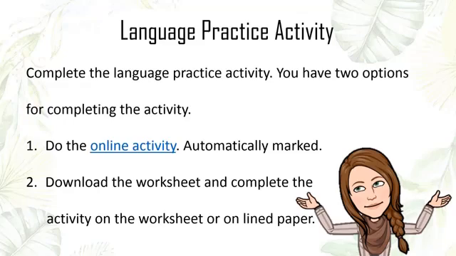Your second option for completing the activity is to download the worksheet and complete the activity on the worksheet if you print it out, or you can complete it on lined paper. If you complete it on lined paper, please be aware that you only need to write the answer down. For both the worksheet or the lined paper or the online activity, your capital letters are very important.